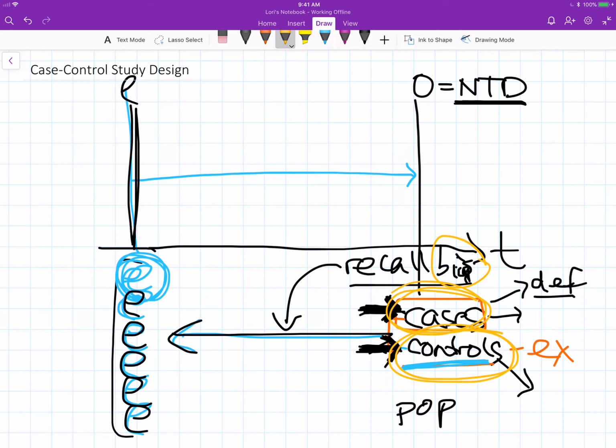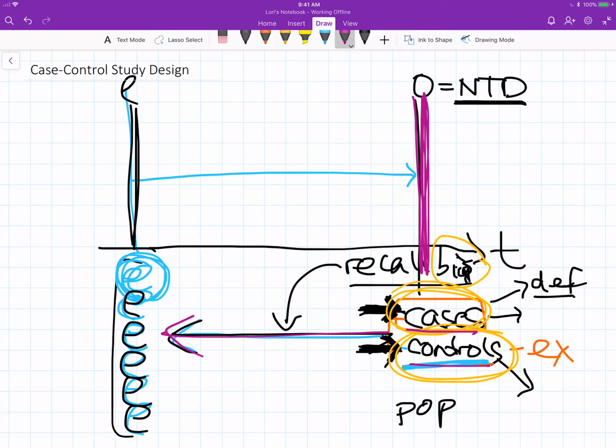Now, a strength could be considered that if you remember, here we are at the point of collecting data. Well, we know the cases have occurred. We know that the controls have not had the disease occur. And we ask them all these questions about things that happened in the past. And so all of the information is collected at the same time.